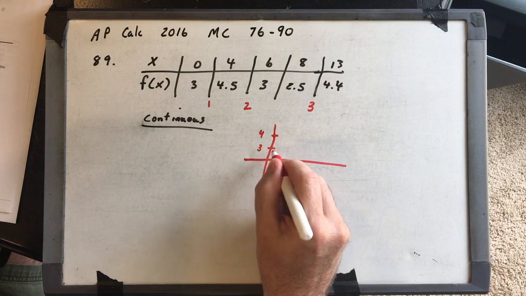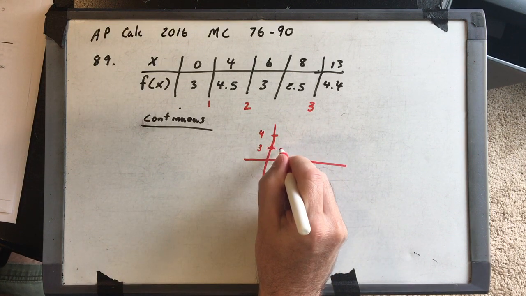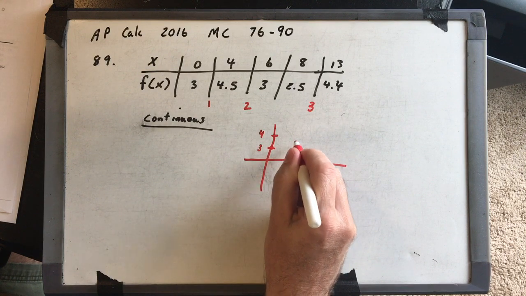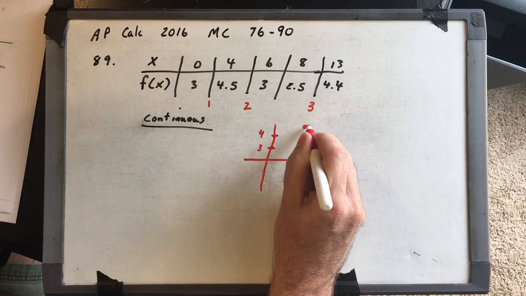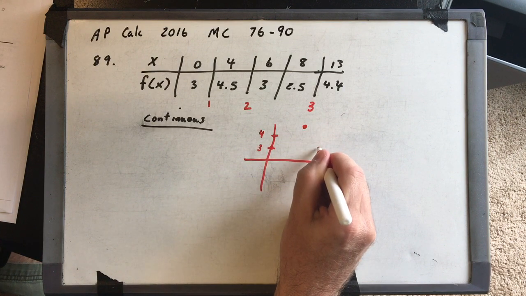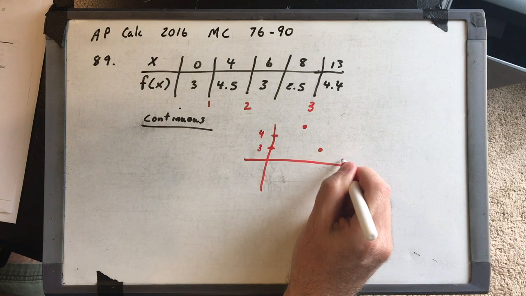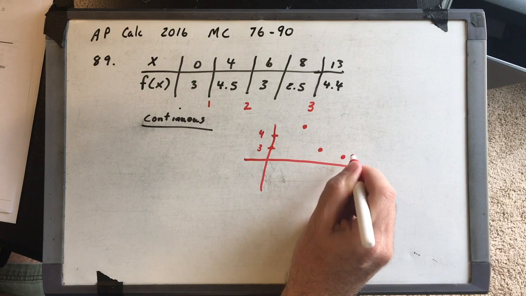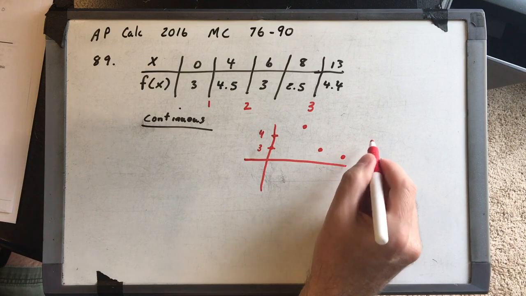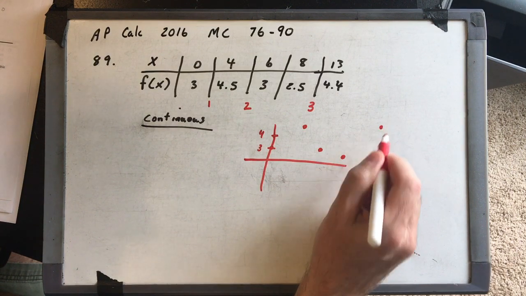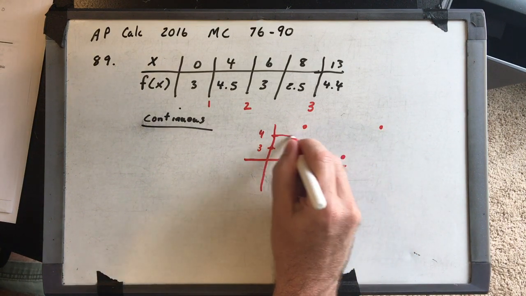When x is 0, it's 3. When x is 4, it goes up to 4.5. When x is 6, it goes down to 3. When x is 8, it goes down to 2.5. And when x is 13, it goes up to 4.4, so up here somewhere. All right, so here's 4.